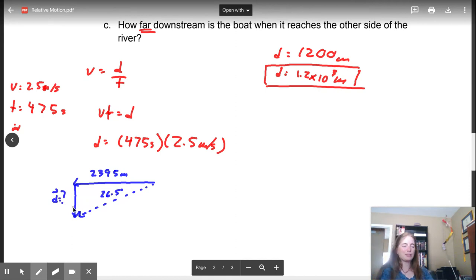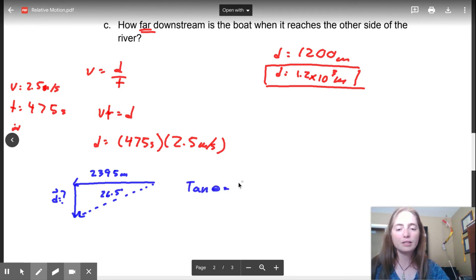Okay, displacement, so it doesn't need the arrow over top. So ladies and gentlemen, if we use this with trig, our units are going to be the same. Okay, so we have our angle opposite and adjacent, and we have theta. So tan of theta is equal to opposite over adjacent. We have adjacent and we're trying to find the opposite.